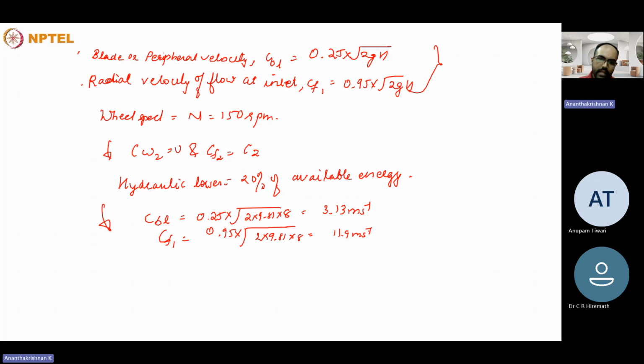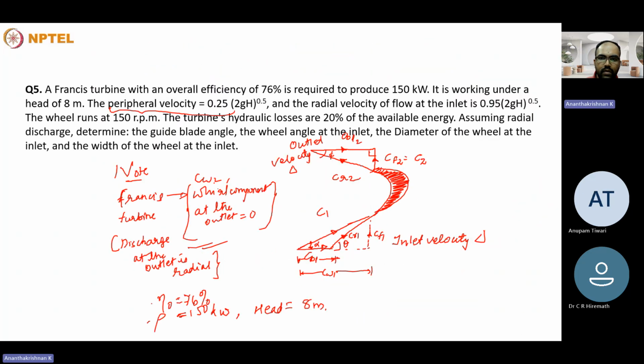Now we have to determine, as we have said, the whirl component of the velocity. So how will you calculate it? The hydraulic efficiency is equal to... the total turbine hydraulic loss is 20%.